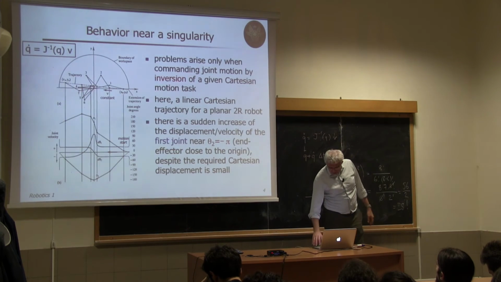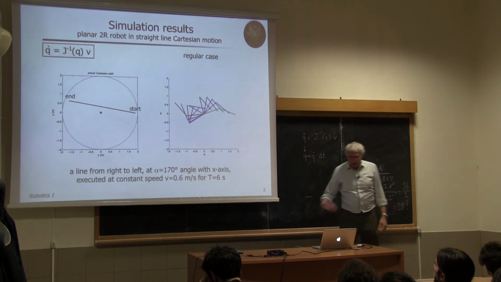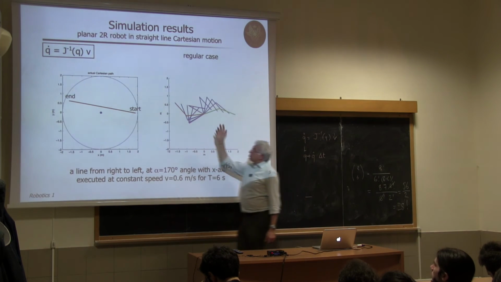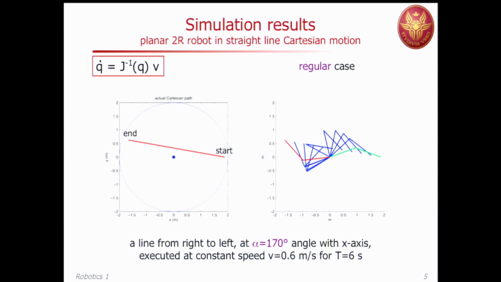I have a code in MATLAB where I can repeat this task. So I have a 2R planar robot, starting from here to there. This is the path. And then resolving the inverse differential kinematics, and then plotting the stroboscopic view and then all the quantities that I need. Okay? And then I can play around.